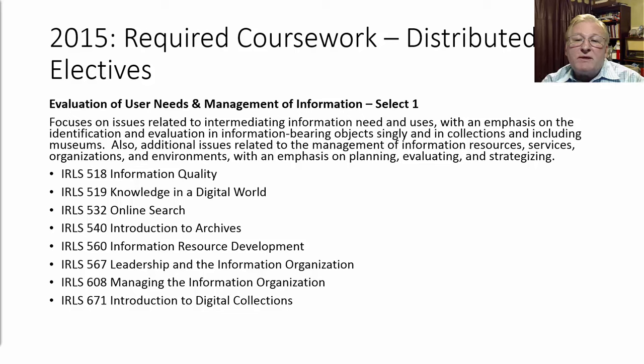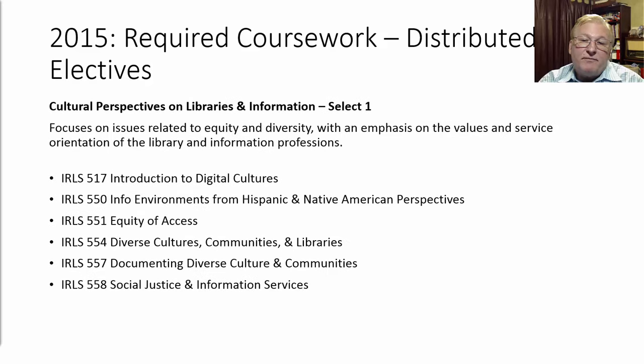This group has been distilled from what was 2 separate distribution areas previously in order to make room for the Capstone Internship. So if you were admitted before 2015, you're required to take 2 courses from a slightly larger pool and don't have to complete the Capstone Internship unless you choose to graduate under the newer rules. If you aren't sure which would be better, you can make an advising appointment to discuss options, and the information is on the advising page.